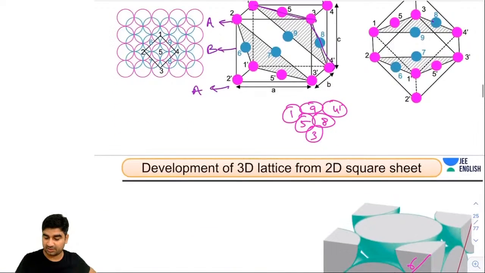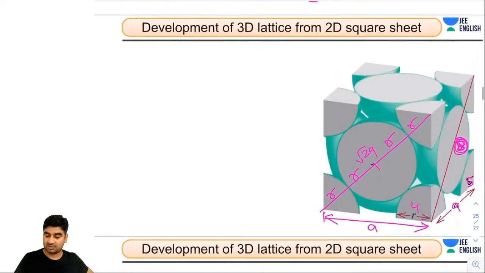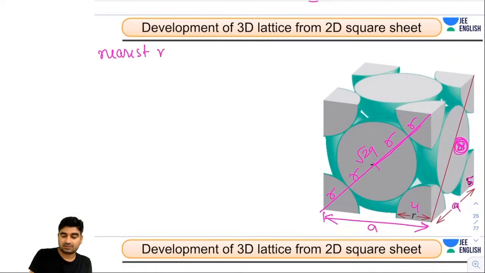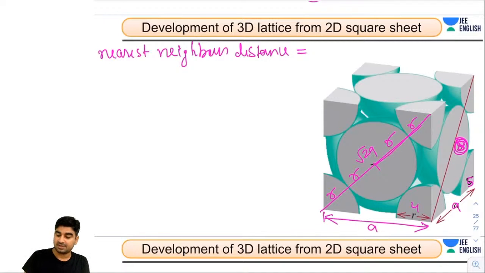So here you can see it, guys. Again, root 2 a is equal to 4r. So what is the nearest neighbor distance? Yes, guys, can anybody tell me the nearest neighbor distance?